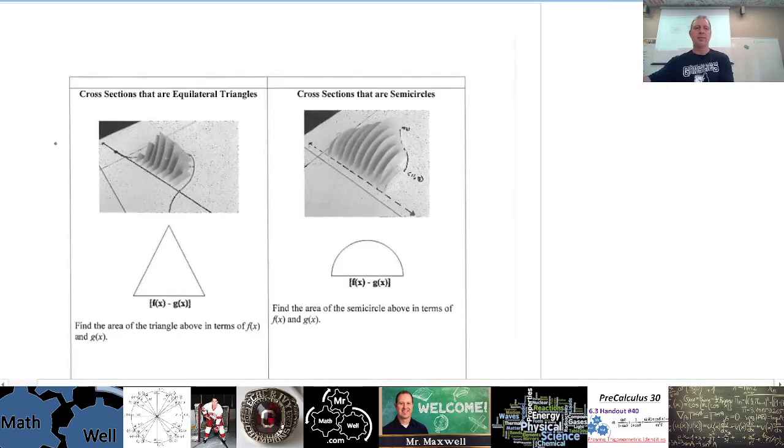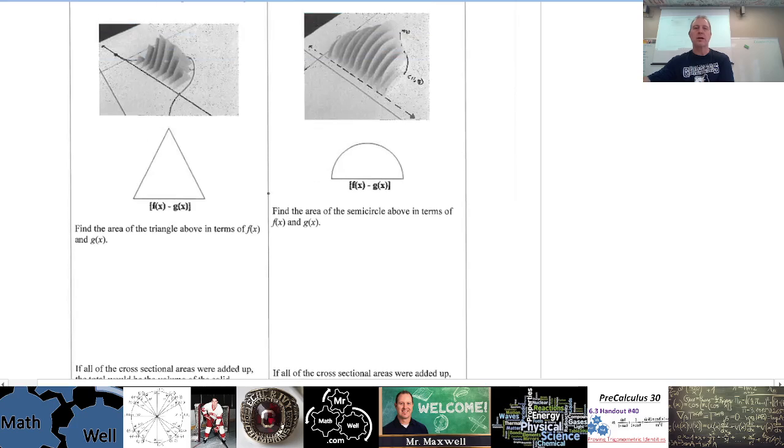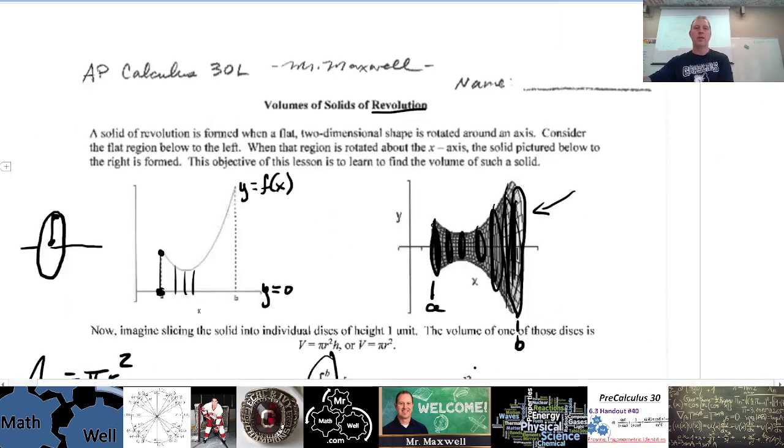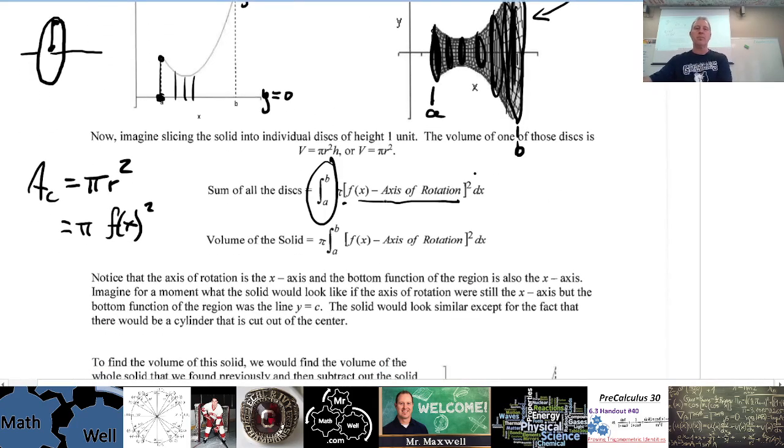Remember the radius or the distance here was always f of x1 minus g of x, whatever that was, right? It was always the difference between the two functions. And so the same thing holds true here as well: f of x minus the axis of rotation. Here it's going to be g of x, or y equals 0.